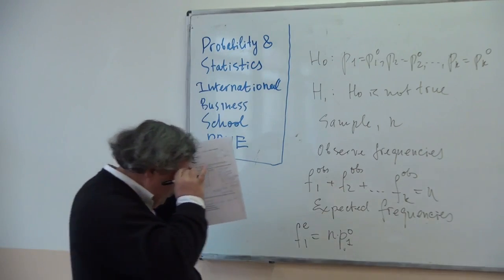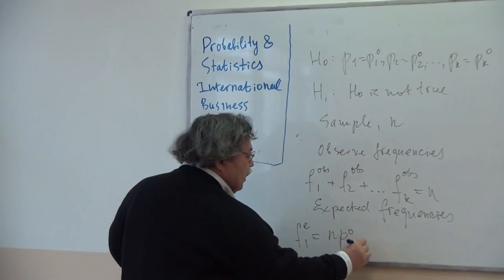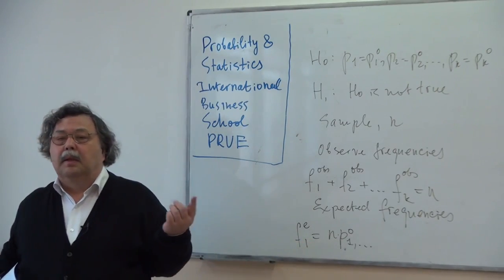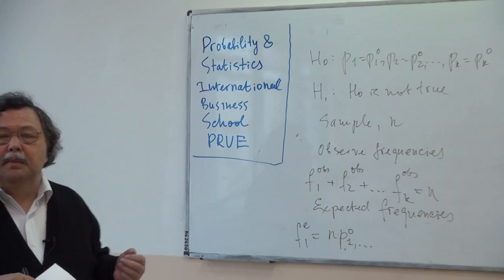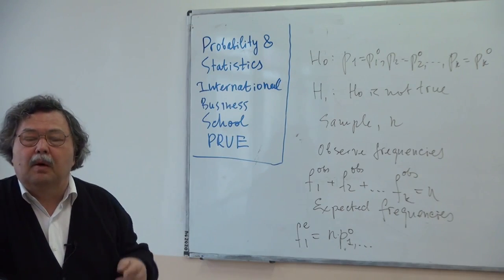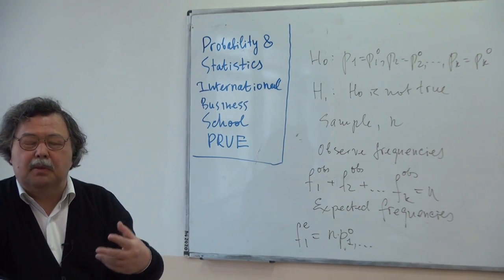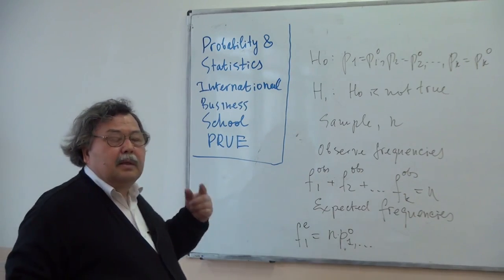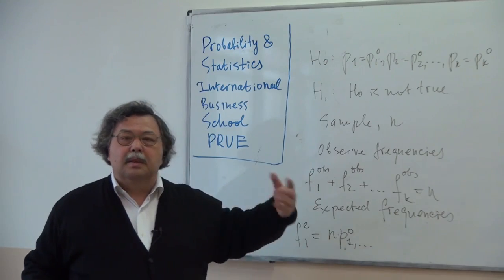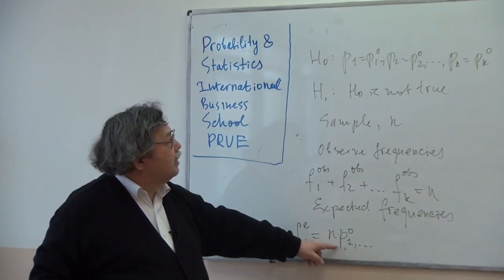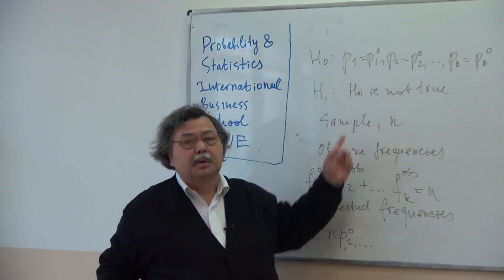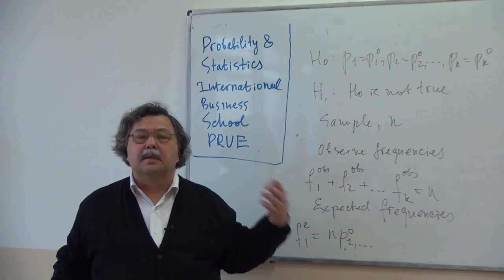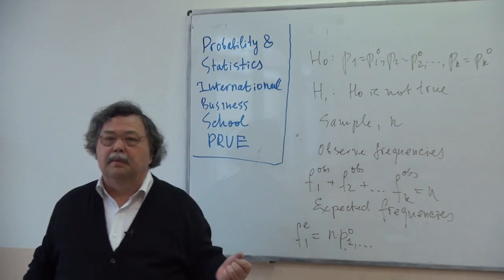Let's pause here and try to understand what's written here. If the proportion of the members on this sample belonging to the first category were exactly in accordance with the hypothesized proportion, then it should be this. This is the expected frequency.